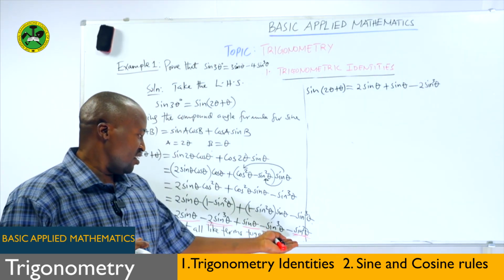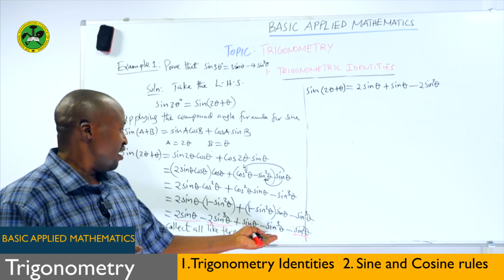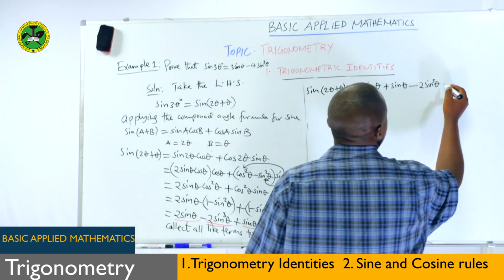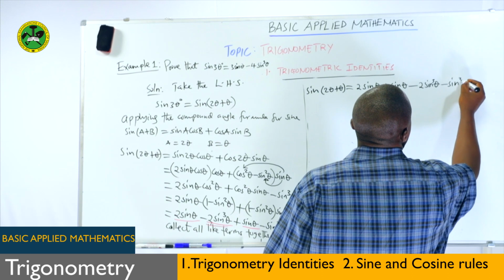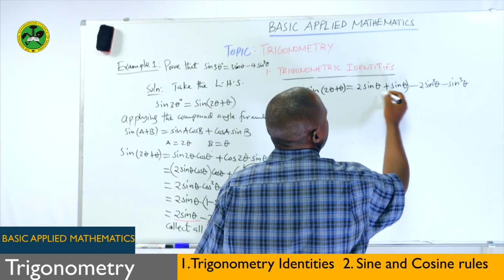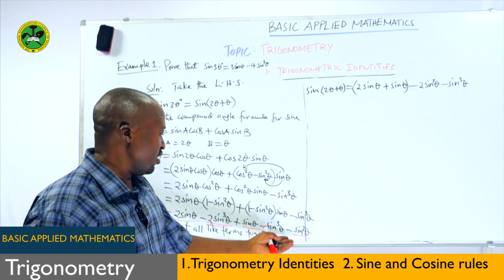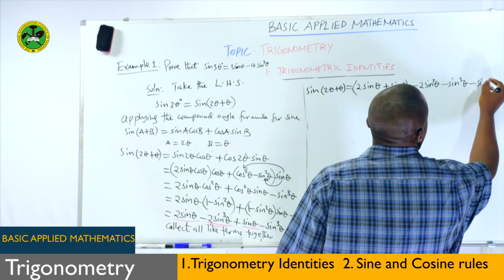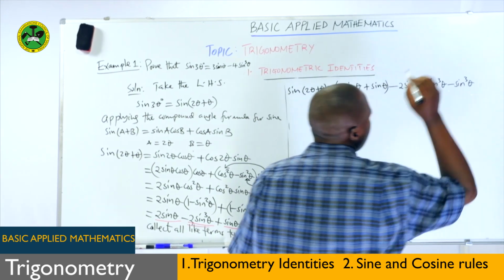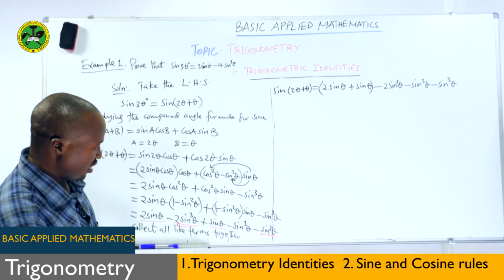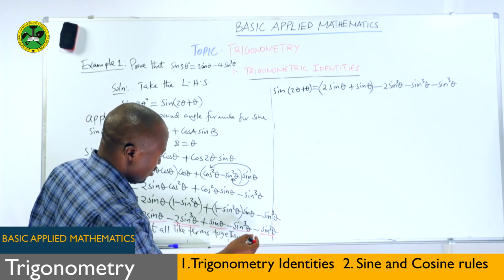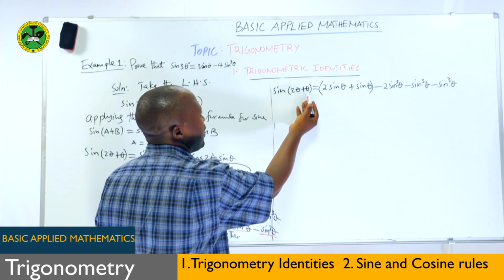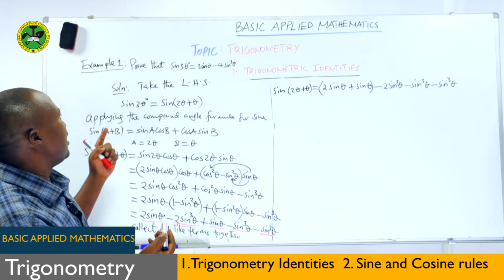Then we have again minus sin cubic theta. So again minus sin cubic theta. And the last one, sin cubic theta. So here, minus sin cubic theta. So there is another sign here. Sin cubic theta.